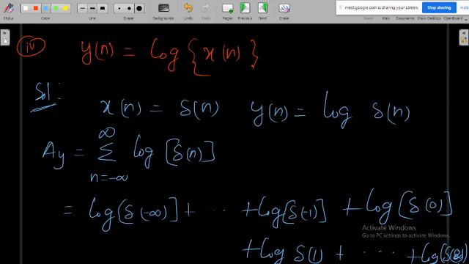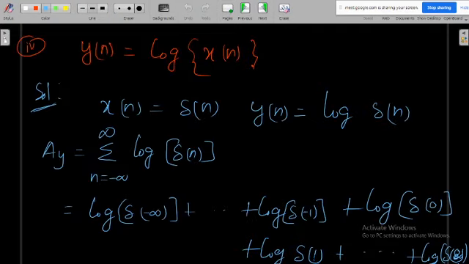Now what is del minus infinity? Up to del minus 1. When it is del 0, definitely that is log 1. For del 0 the value is 1, that means log 1. So in the middle we'll be getting log 1.